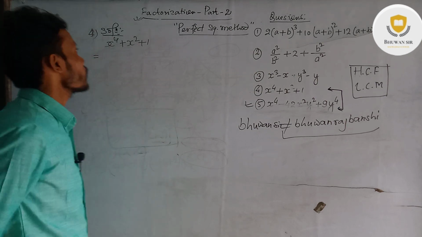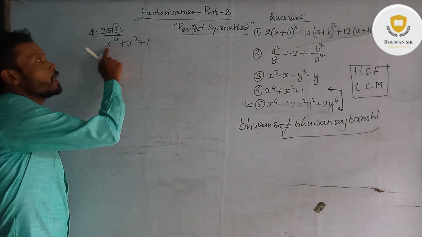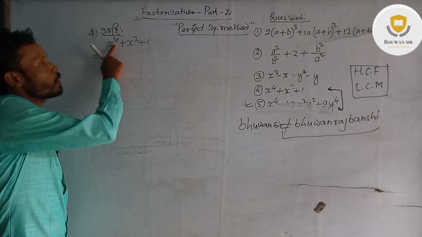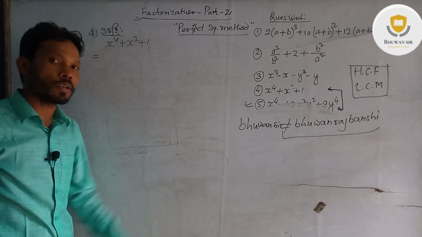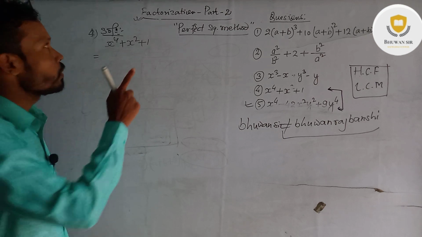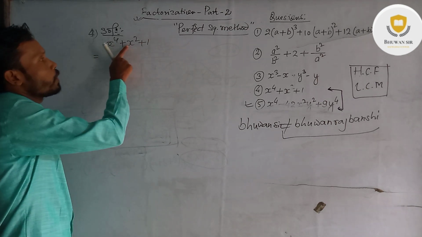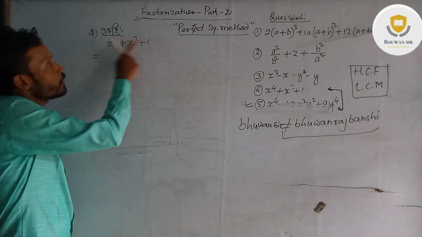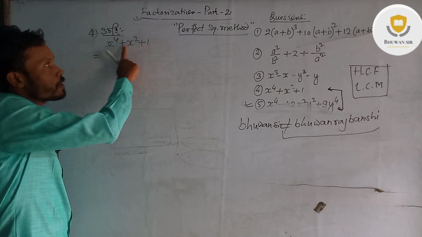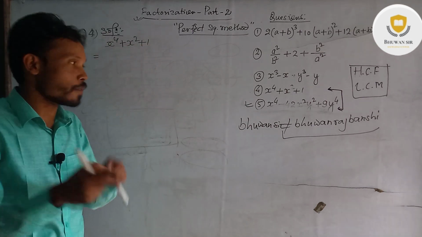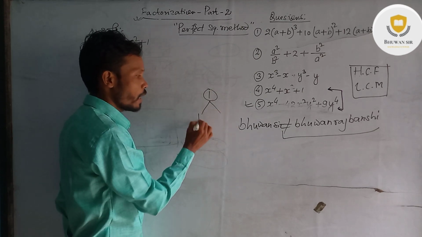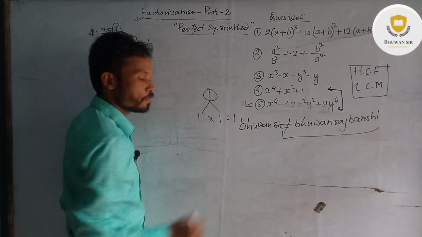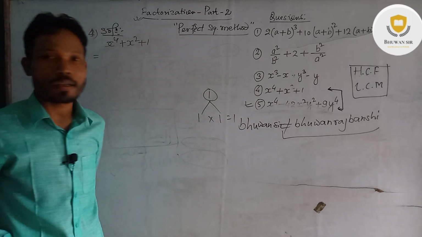The best option is, see here, it is having 3 terms. X to the power 4 plus x square plus 1, having 3 terms. Now if it is having 3 terms, I told you in the previous questions, we can get the middle term. 1 into 1 is 1. By plus, can we get 1? From factors of 1, see here, 1 is your factor. 1 into 1 is 1.